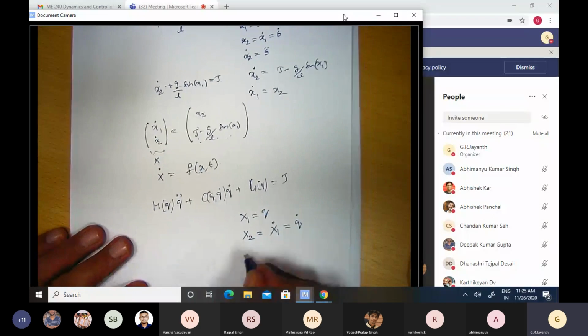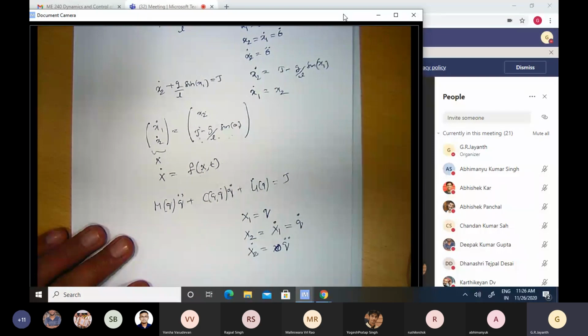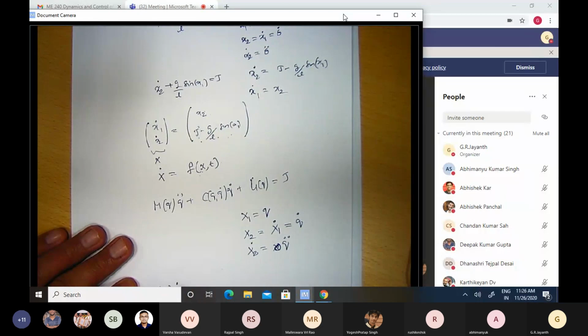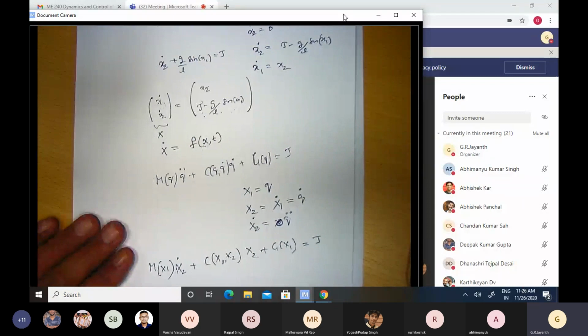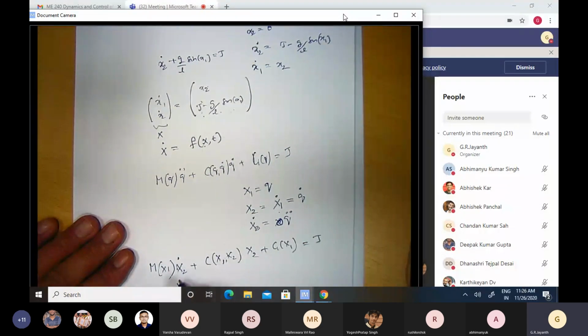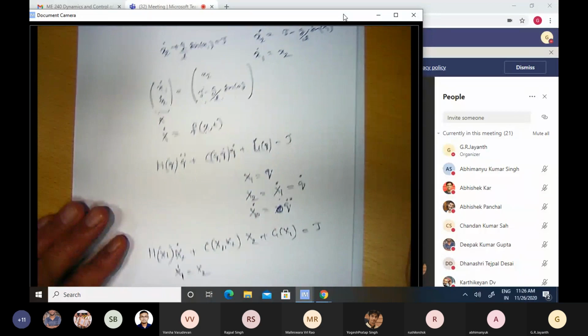And x2 dot therefore will be equal to q double dot. Therefore, in terms of x1 and x2, this will become M of x1 times x2 dot plus c of x1 comma x2 times x2 plus g of x1 is equal to tau. And then I have the original equation, x1 dot is equal to x2, right?